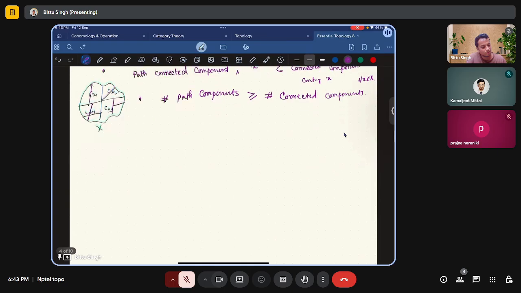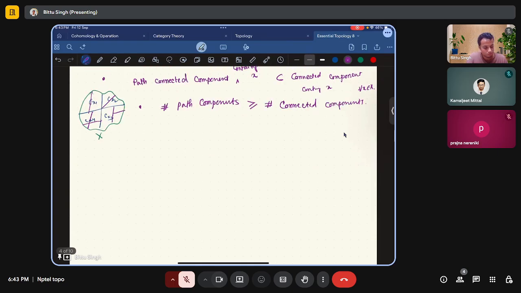So let me give an example where path components are strictly greater than connected components. In the previous class we constructed an example, the topologist's sine curve.